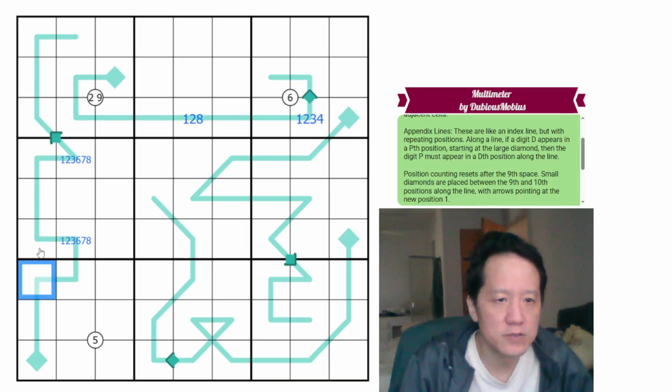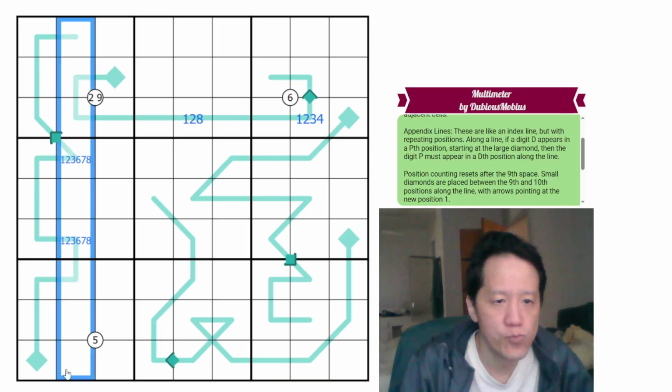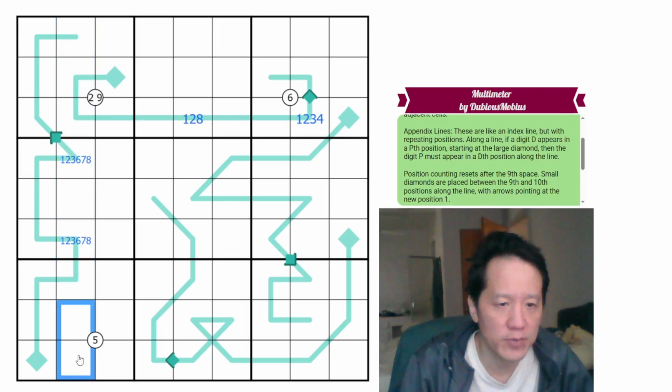So that means the 5 has to again be one of these 6. Where can the 5 be in the rest of column 2? It could be any of these three. It could be here. It cannot be any of these.